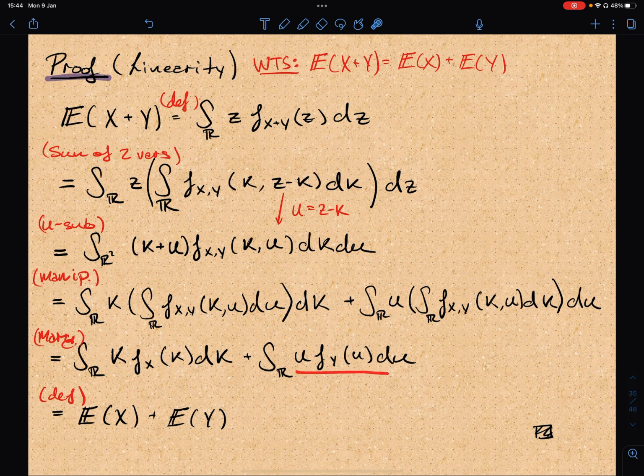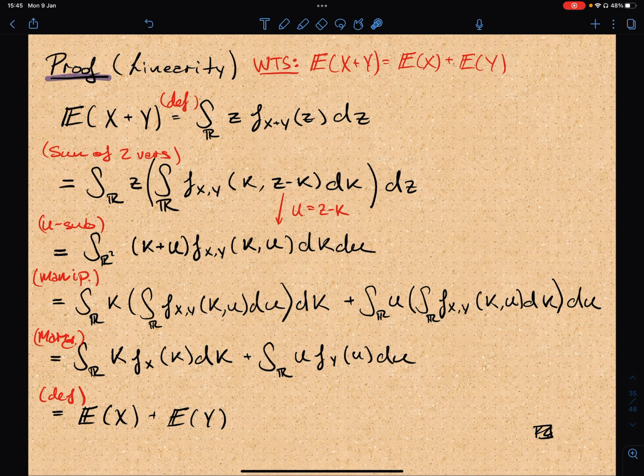Here I do a weighted average again: the outcome is u, and the weight is given by the probability density of Y. So I get the expected value of Y. So we've shown from the beginning that the expected value of X plus Y is equal to the expected value of X plus the expected value of Y.